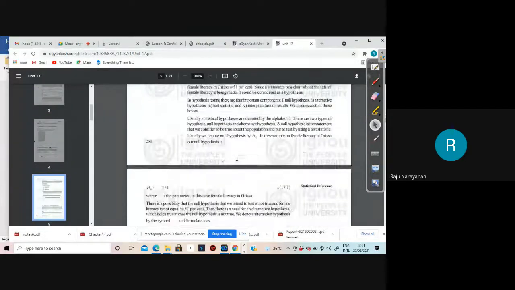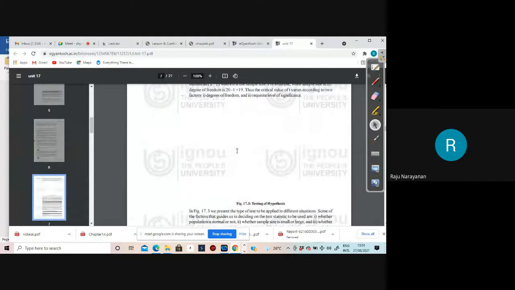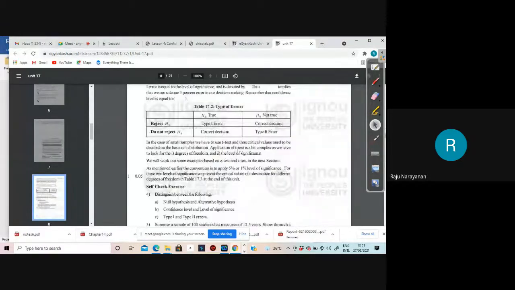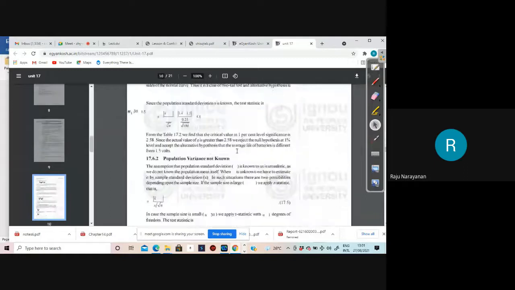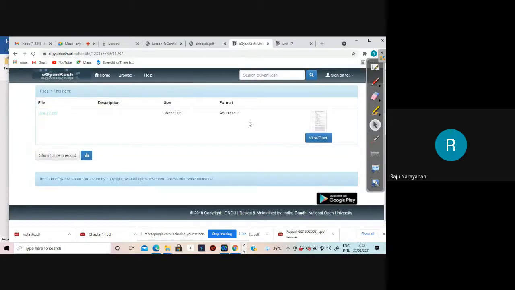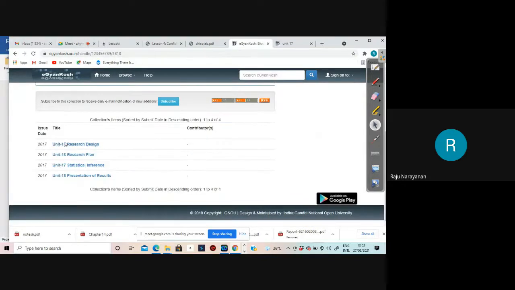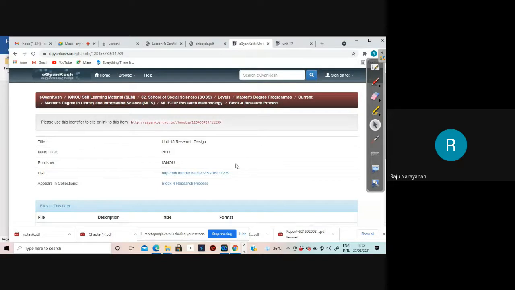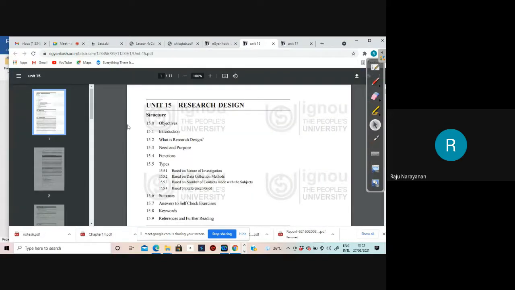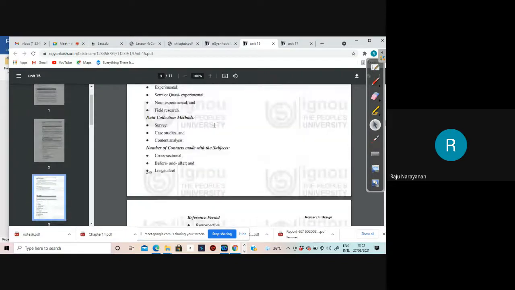I am giving you so many things. Hypothesis testing we will discuss tomorrow. Only 21 pages are there; it is only one chapter. You can get other chapters from Block 4, research process: research design, research plan. It is good for your MPhil paper, I think. Nowadays, research methodology is a paper for MPhil.